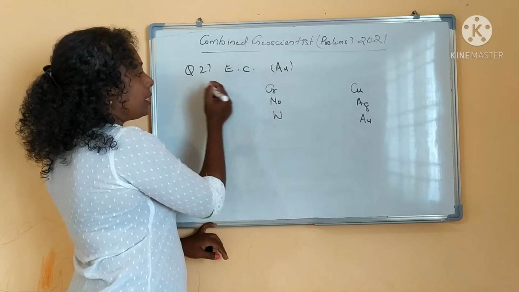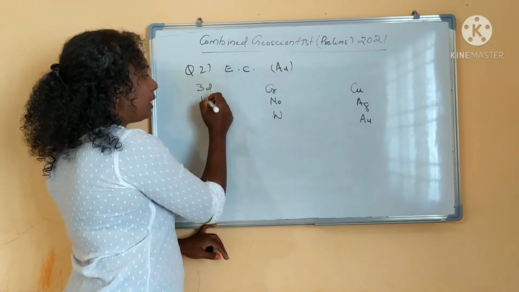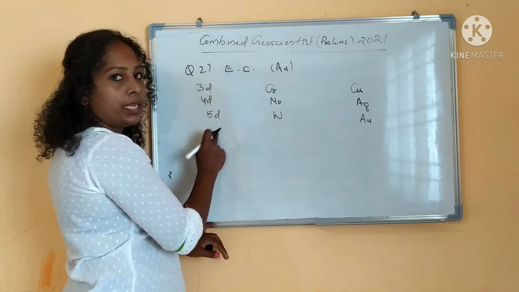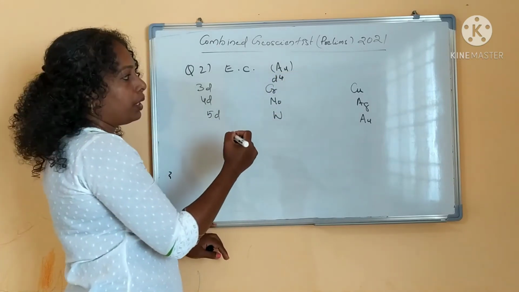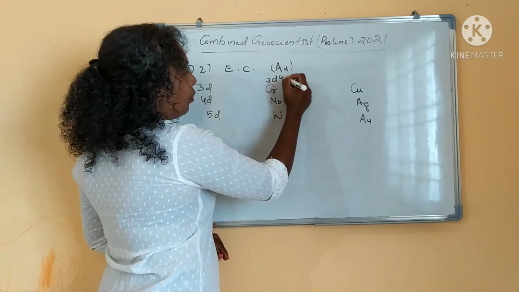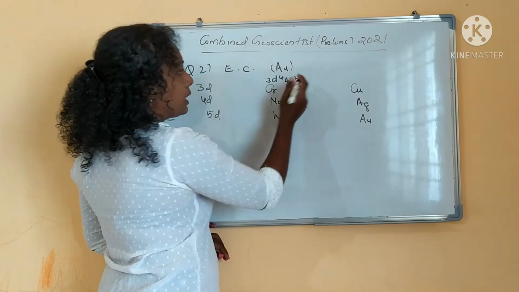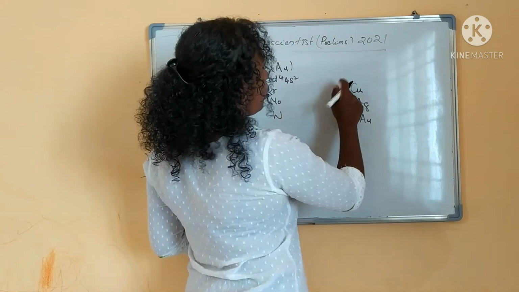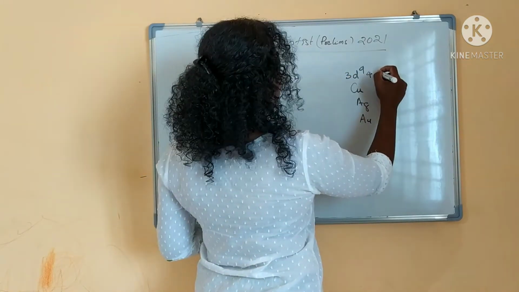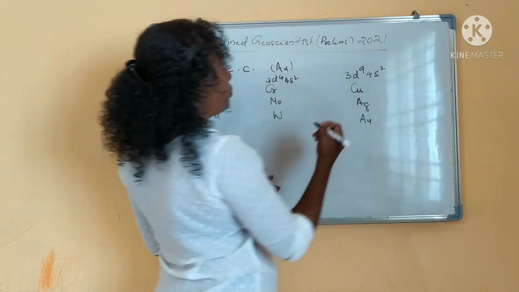If you are taking this, it is the 3d series, 4d series and 5d series, right? Coming to here, a d4 configuration actually comes. 3d4 4s2 was the actual electronic configuration for chromium, and for the copper group it is 3d9 4s2, right?